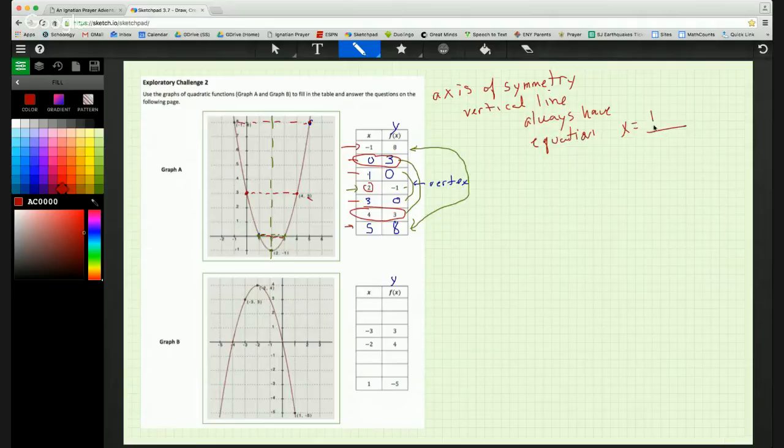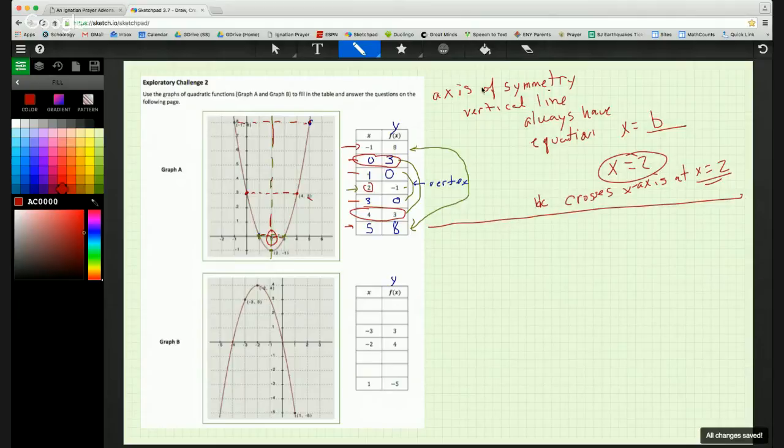We'll call it x equals b. In this case, it's x equals 2. Our axis of symmetry crosses the x-axis at x equals 2. That makes this the formula. Every single point on this line is x equals 2.